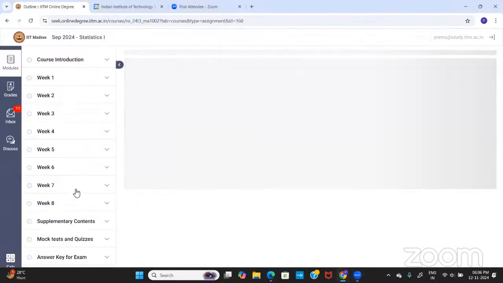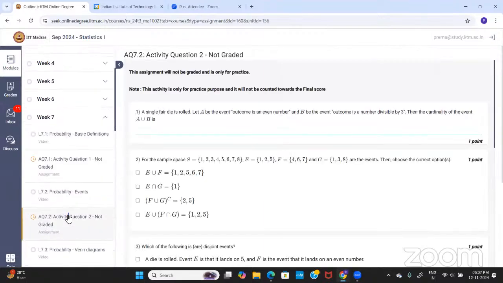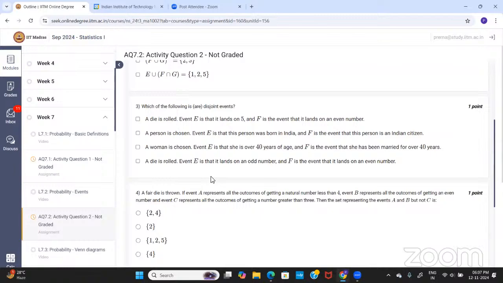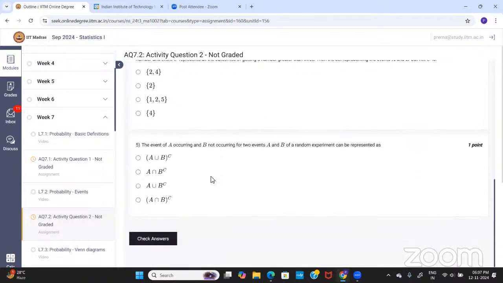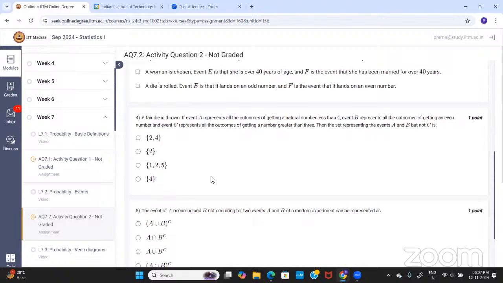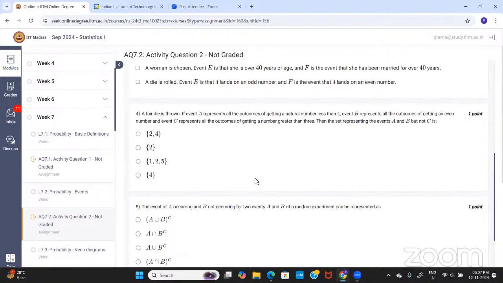From 7.2, any doubt? Question number 4. My question is, in the last line they say the event A and B, but not C. So what do they mean? A intersection B union C complement, or A intersection B intersection C complement? It is A intersection B, but not C, so intersection C complement.